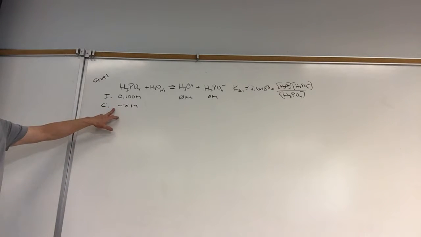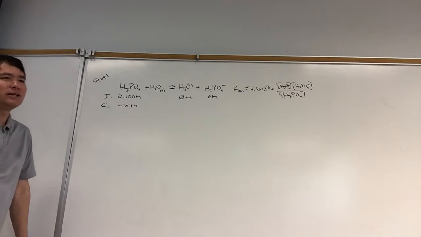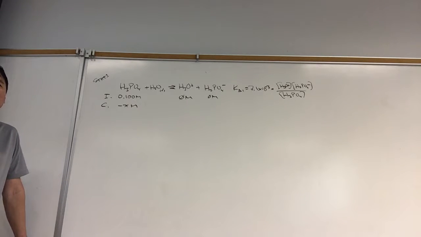Like acetic acid. What did I tell you acetic acid's percent ionization is? Okay, acetic acid, that K translates to about 0.1% ionization. So just go ahead and write that down.